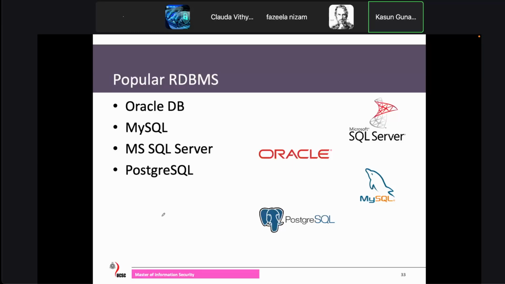So those are some of the popular relational database management systems. There are product-specific configurations, controls, directives with respect to all these different relational database management systems. And also it can contain product-specific SQL syntax as well.